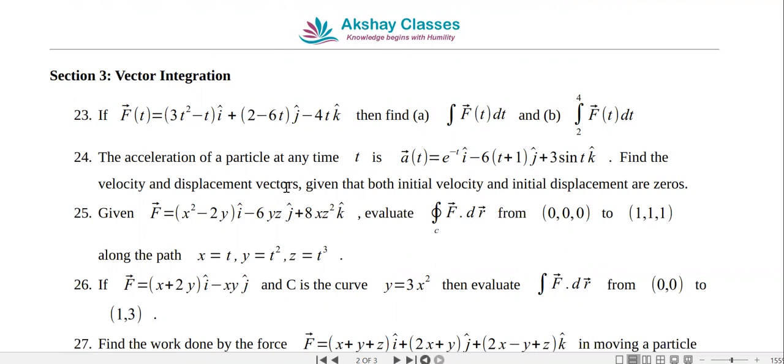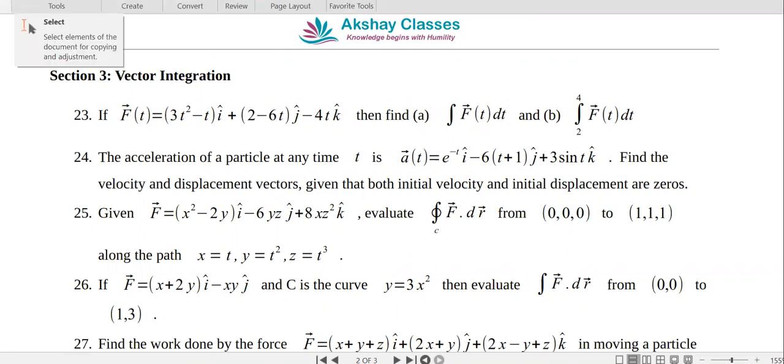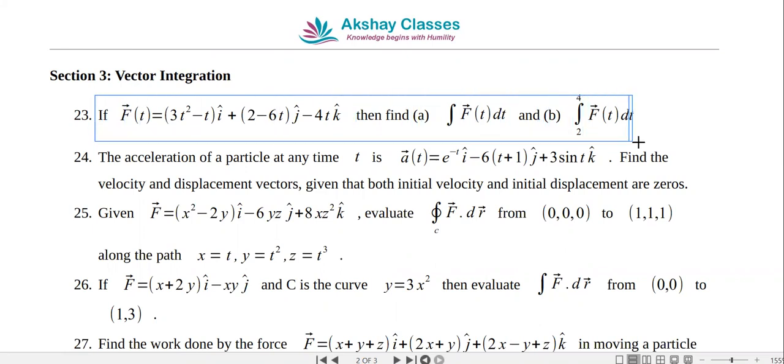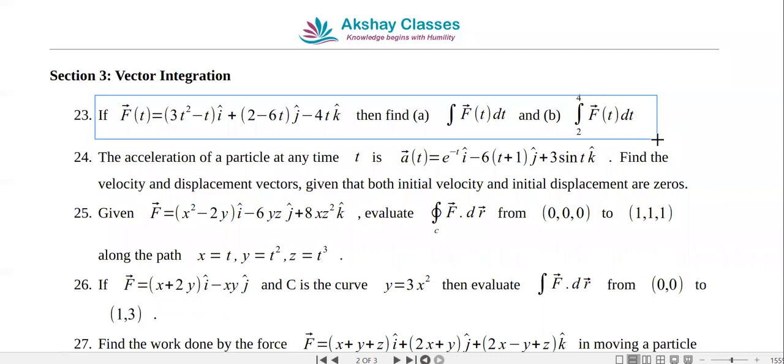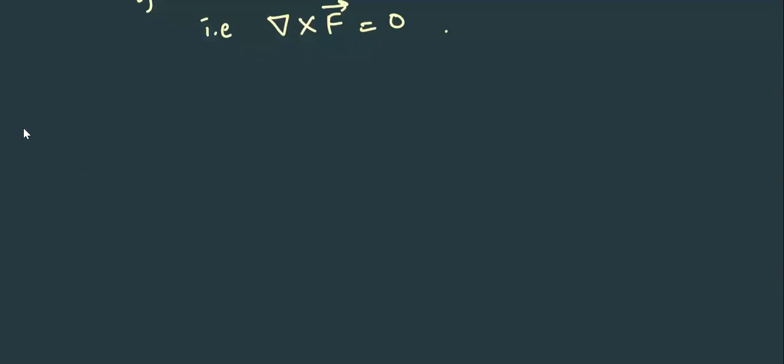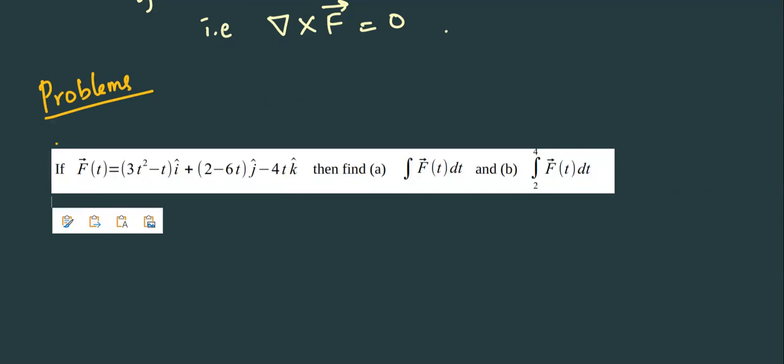Okay, first one is very, very simple. We'll do this. Okay, so the first one.